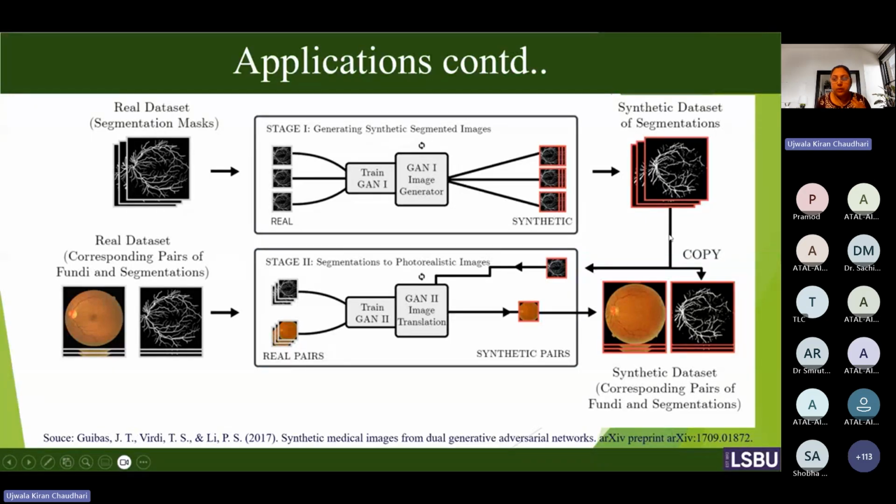Then the pair of fundus and segmented image is given as an input to the generator, the GAN model. It generates the synthetic pair of the fundus and its segmented one, and now on this data set the researcher can work. So this is one mechanism of availing the data publicly to the users.